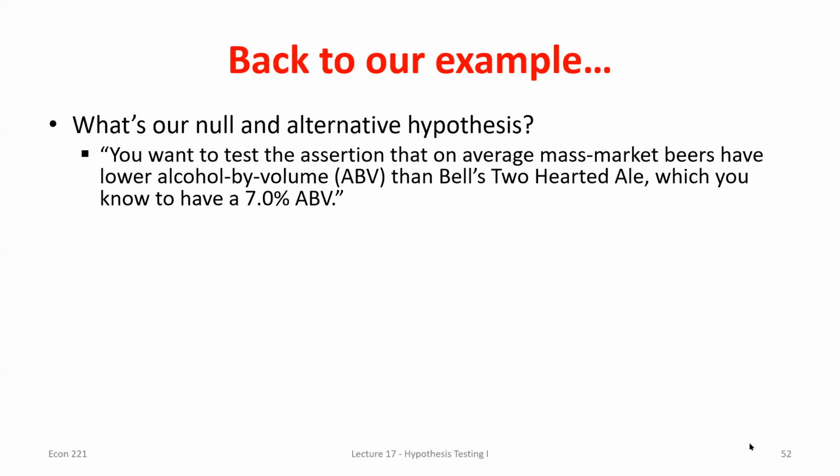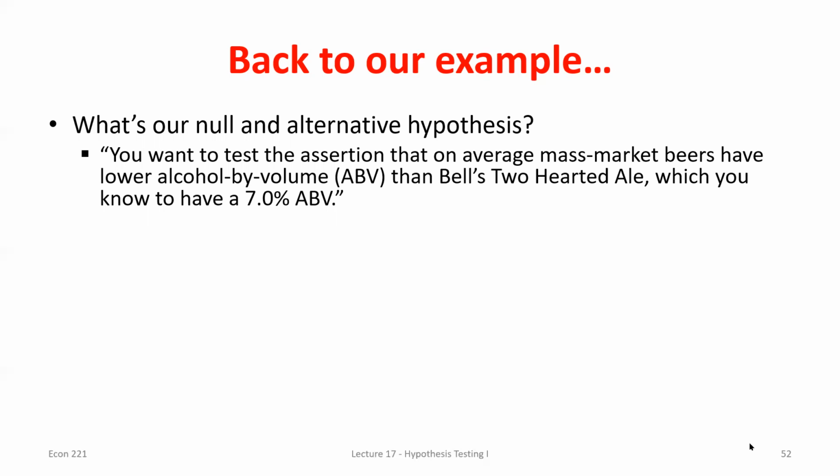I want to test whether that mean is less than 7%. So for the null, I stack that against myself, and I assume the opposite is true, which is that the mean is greater than or equal to 7%. It's kind of like going back to the idea of confidence.